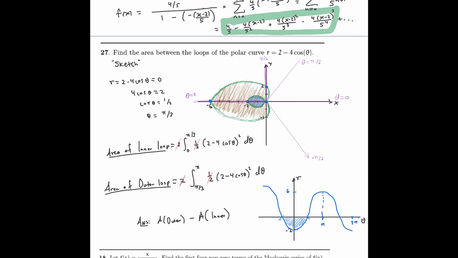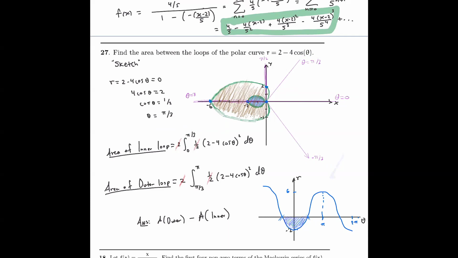That's why the inner loop goes from negative pi root 3 to pi root 3, but I use symmetry. So I just find this part from 0 to pi root 3 for the little inner loop. That's why I only use half of that. So the 2 outside is because of the symmetry that we have there. But again, the inner loop is this guy here.